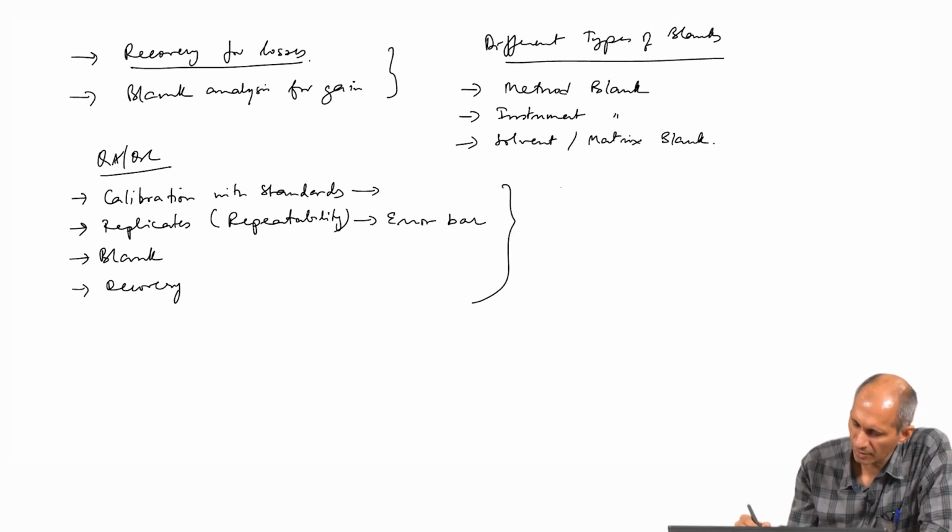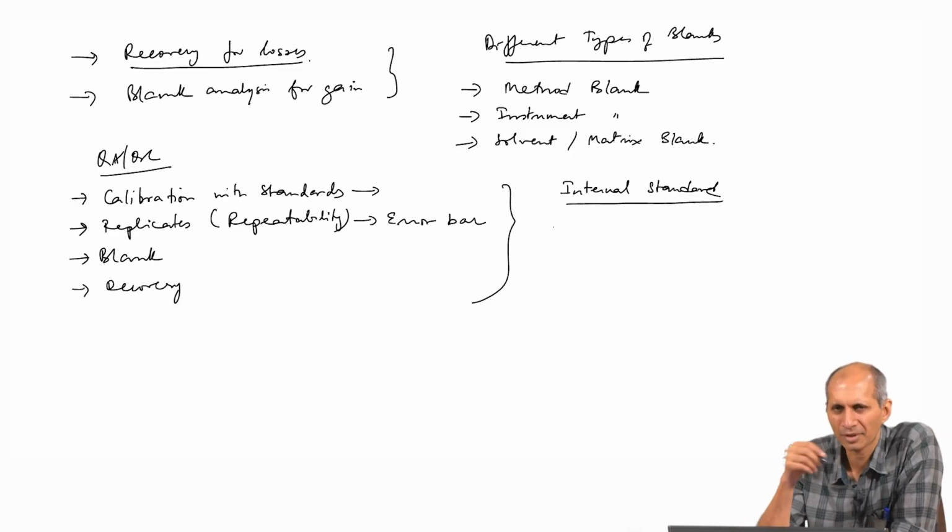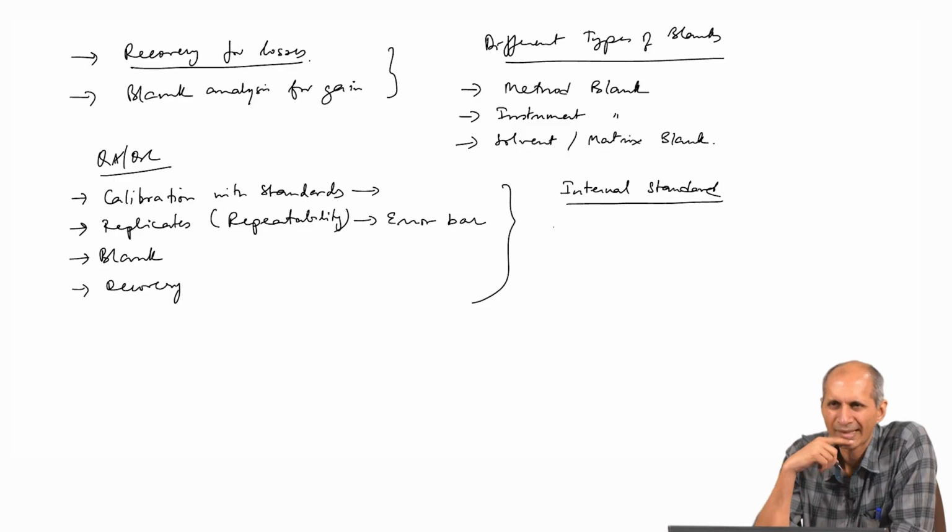In some cases, we also use what is called an internal standard. It is not done in a lot of methods, only in a few where the way the instrument processes the sample analyte has a lot of uncertainty and changes as samples are being processed.